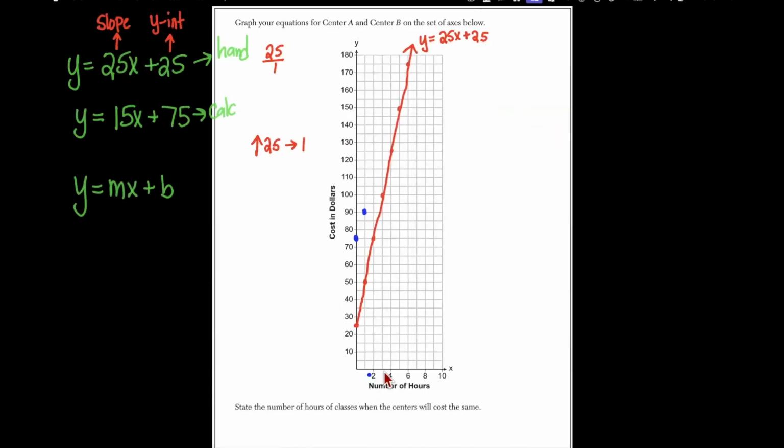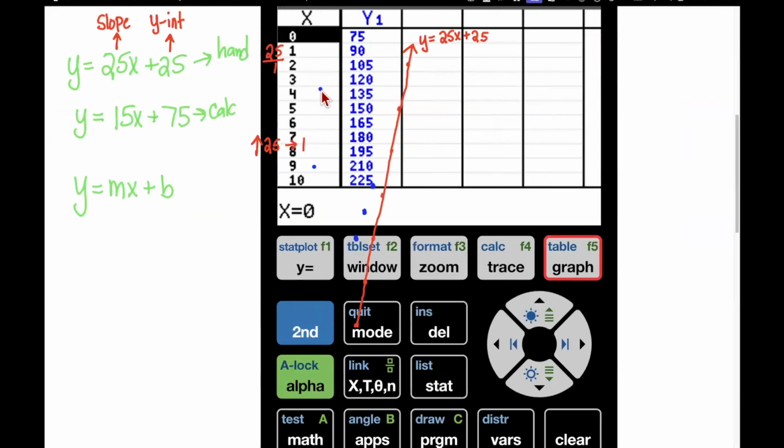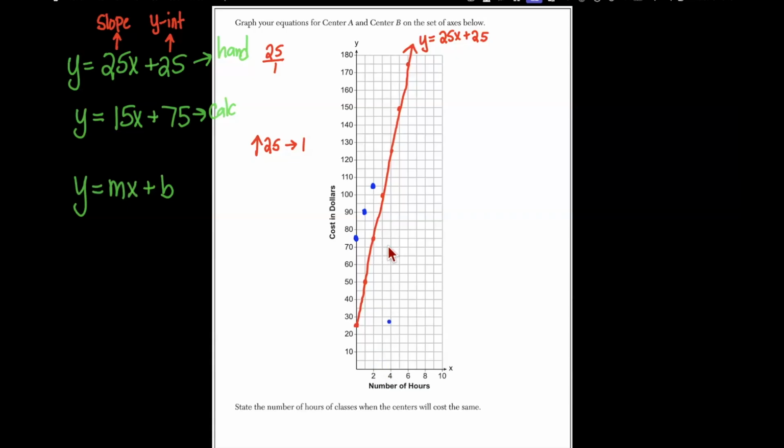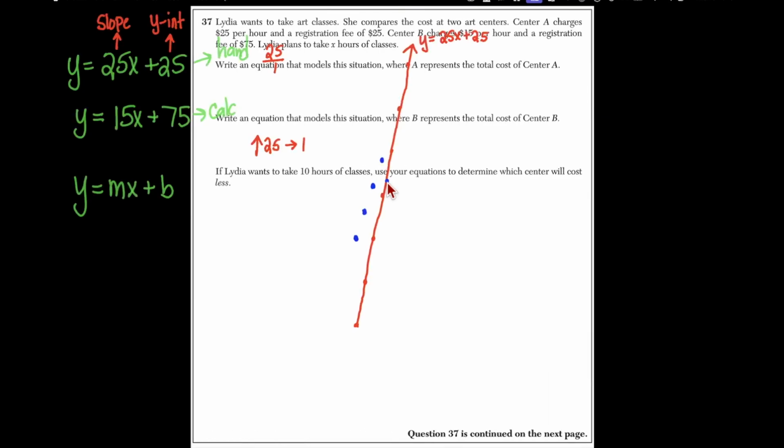When x is 2, I'm at 105, which is here. When x is 3, it's 120, so I'm over at 3 and up to 120. Looks like I'm getting closer.